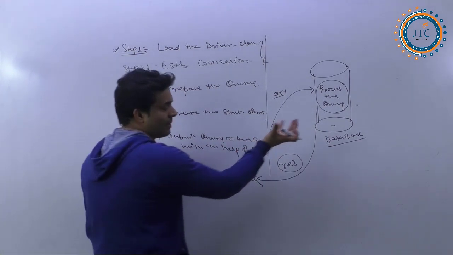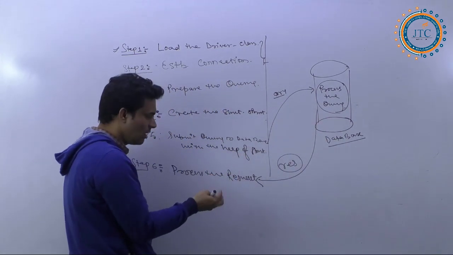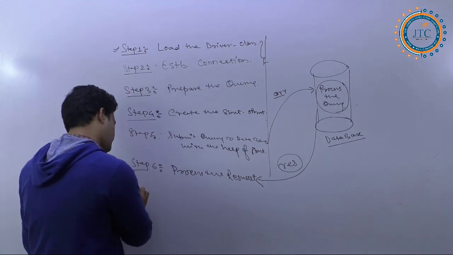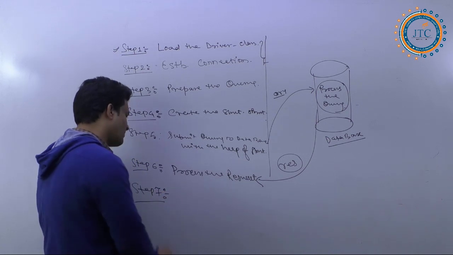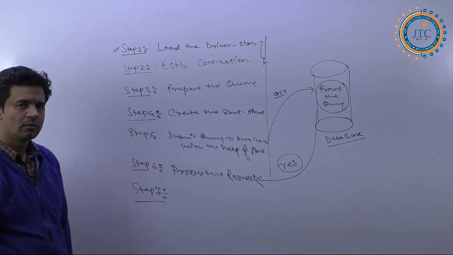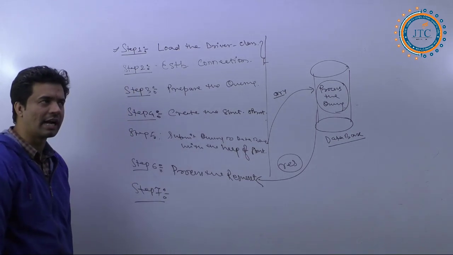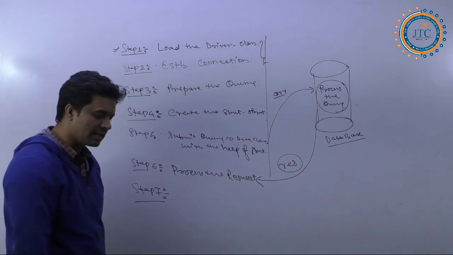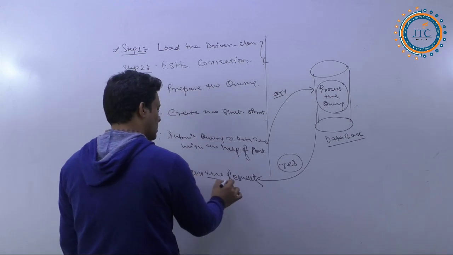The data coming from the back end, from the database, whatever data is coming here, you need to process it here. And step 7, what is that step 7? Process the result.